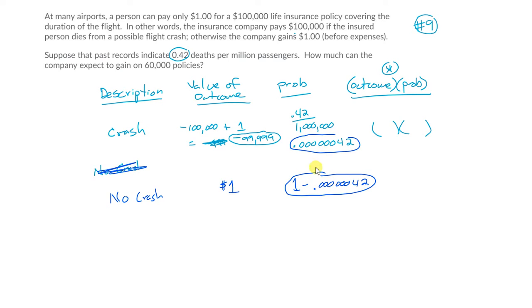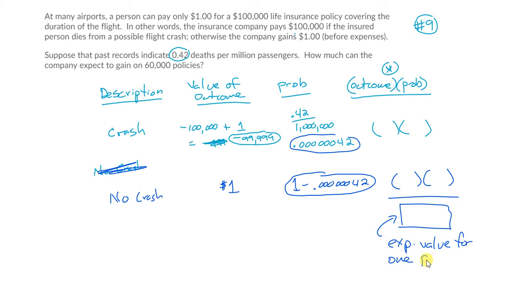Once you know the probability of one set of outcomes, you can get the remaining probability by just subtracting from 1. Then of course we multiply outcome times probability and add those up, and we get the expected value for one policy.